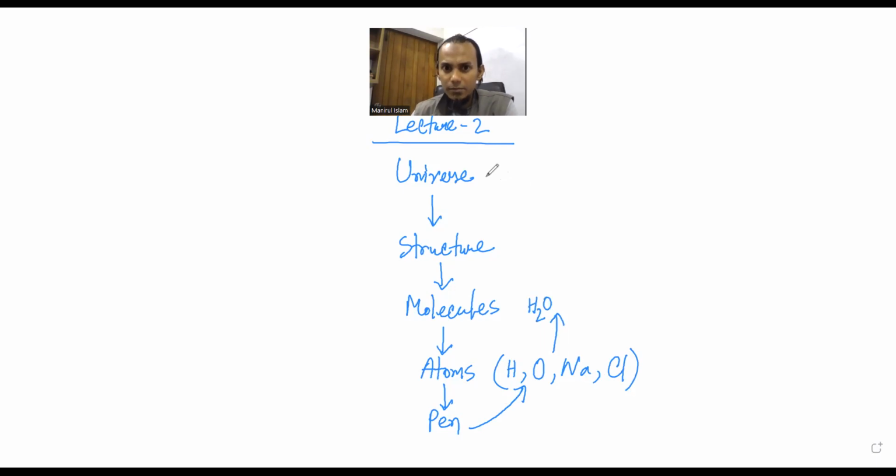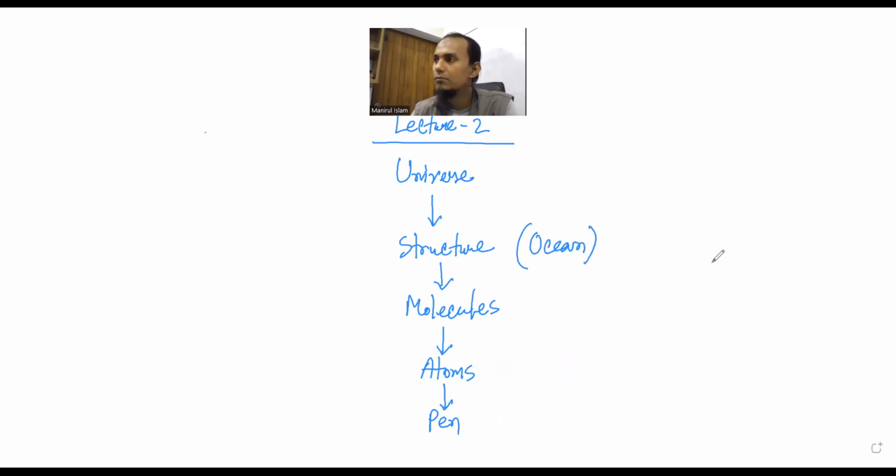Let us start from here. Basically, it will help better. The universe is made of many structures, like, for example, the ocean. The sea is a structure. And the ocean is made of water.